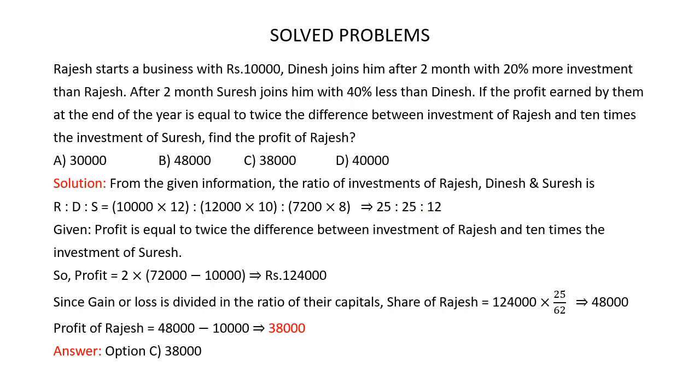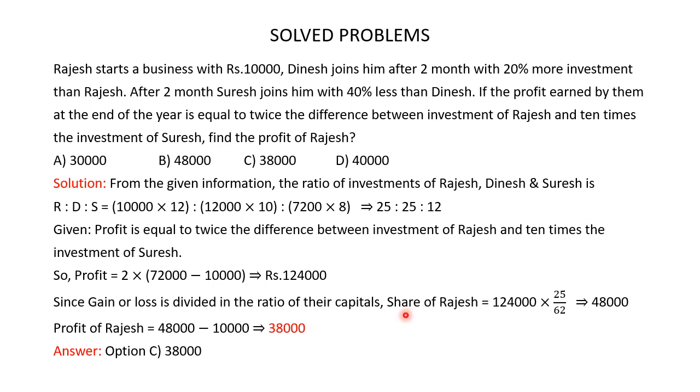Now we are asked to find the profit of Rajesh. So Rajesh's share is 25 parts out of this 62 parts. So out of 1,24,000, the share of Rajesh will be 25 by 62 multiplied by 1,24,000, which is 48,000.